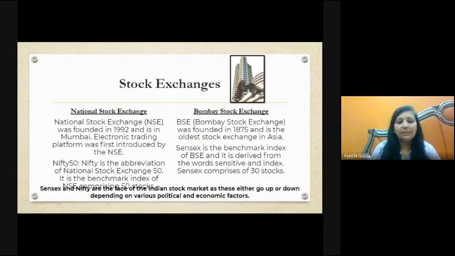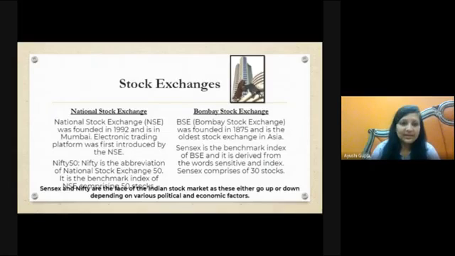These top 30 and top 50 companies are classified on the basis of their market capitalization, or the value of the company. Basically, market capitalization is calculated as the share price times the number of shares of that particular company. There are three types of market capitalization: large, middle and small.